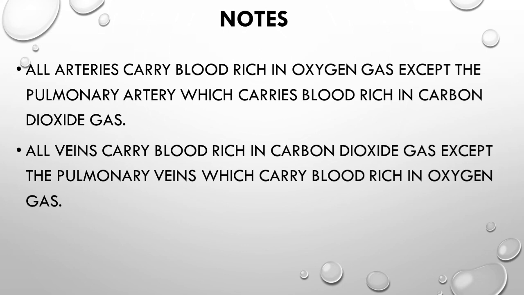A very important note: all arteries carry blood rich in oxygen gas except the pulmonary artery. The pulmonary artery is the only artery which carries blood rich in carbon dioxide gas.